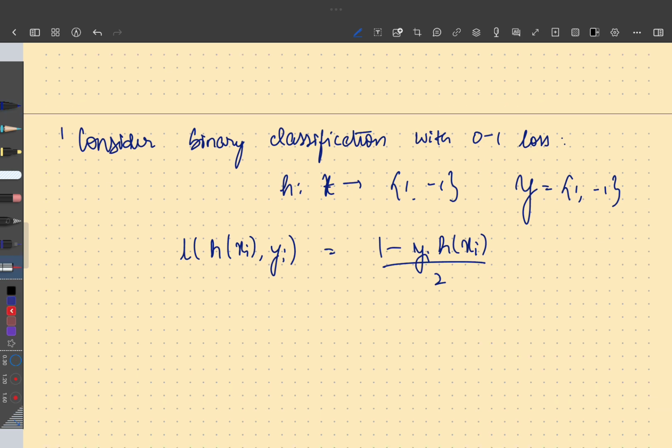Because h of x_i is either +1 or -1, and y_i is either +1 or -1. If both of them match, then this product is 1, the numerator becomes 0, and therefore the loss is 0 as we want. If y_i does not match h of x_i, then this product is -1, so the numerator becomes 2, and 2 by 2 gives you 1. So this is exactly equal to the 0-1 loss.